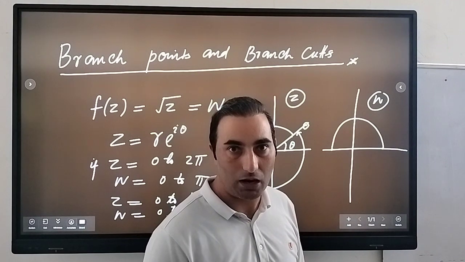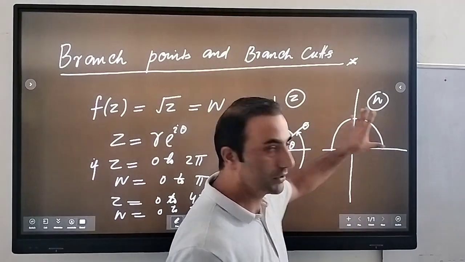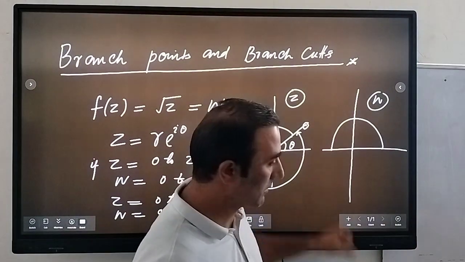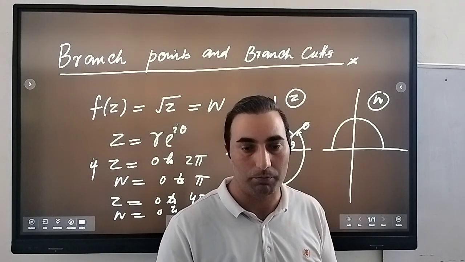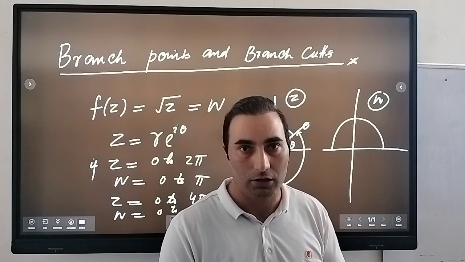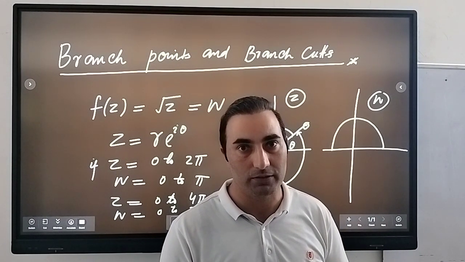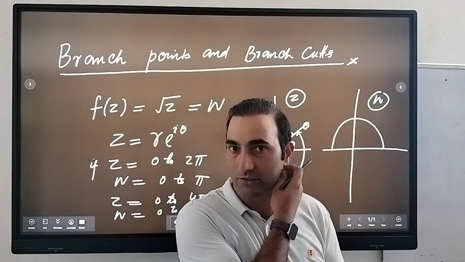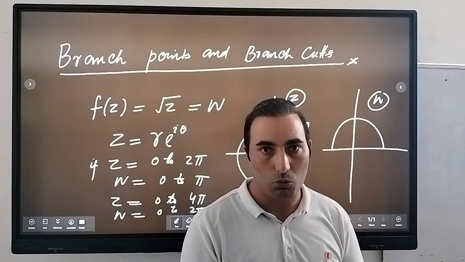So we should have two copies of the z plane, then we can map it onto the w plane, right? So what does that mean? If we have an infinite plane sheet, we need two infinite plane sheets. Those are basically called Riemann surfaces. So you need two Riemann surfaces, two infinite plane sheets, and you just put them one above the other, right?